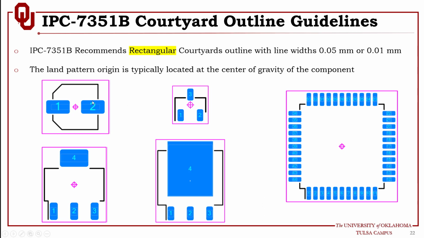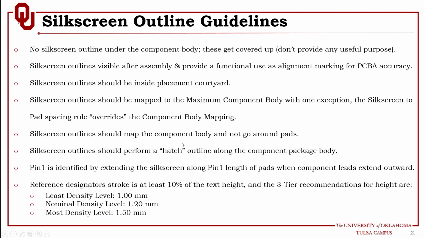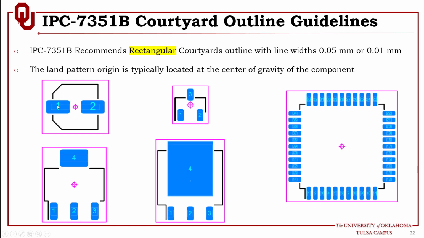This silk screen is mapped to the maximum size of the body as indicated in here. But when it comes to having a pad like that, this rule will be overridden. You cannot get the silk screen outside here because the body of this cap is basically up to this point.